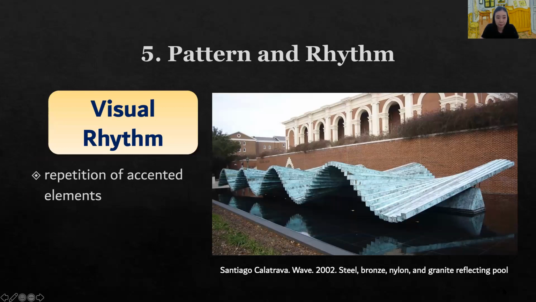So visual rhythm depends on the repetition of accented elements, usually shapes. So it literally shows a rhythm in a visual way, like this sculpture.